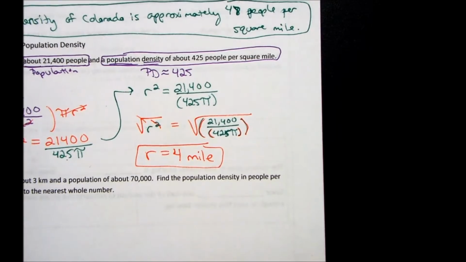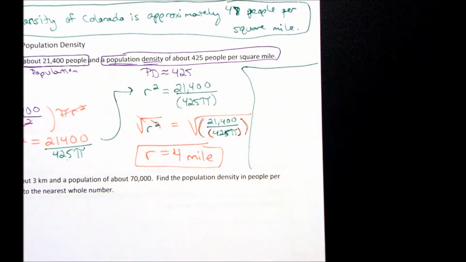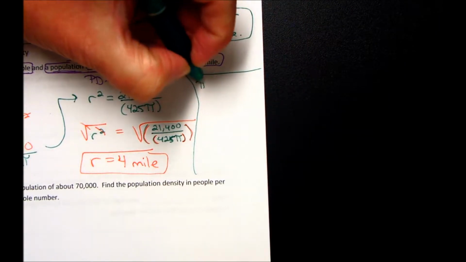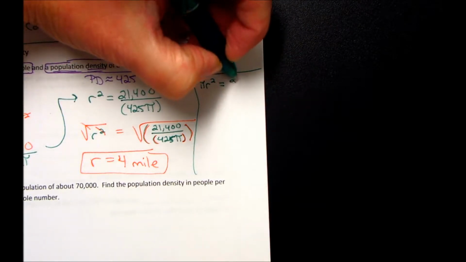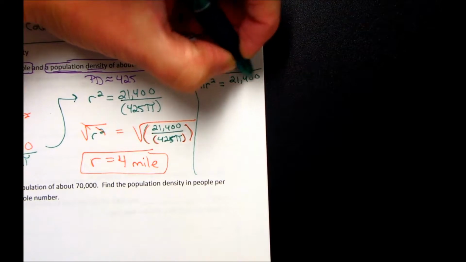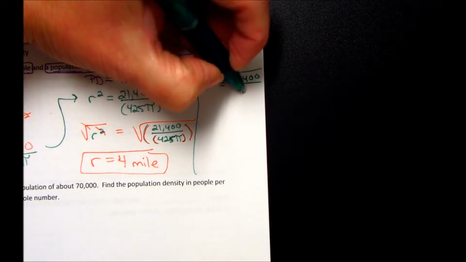Let's see. I'm just going to kind of do it off to the side over here, see if this will work. So my area would still be pi r squared. My population is 21,400. And my population density was 425.